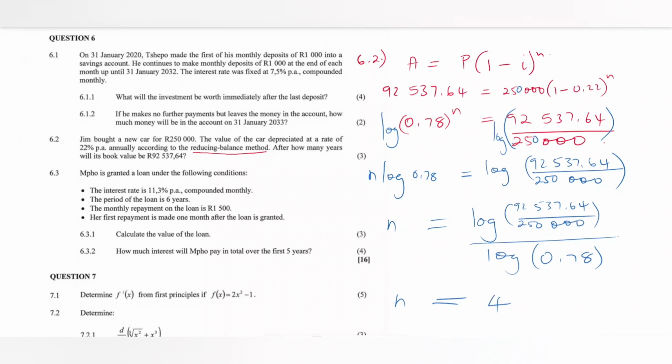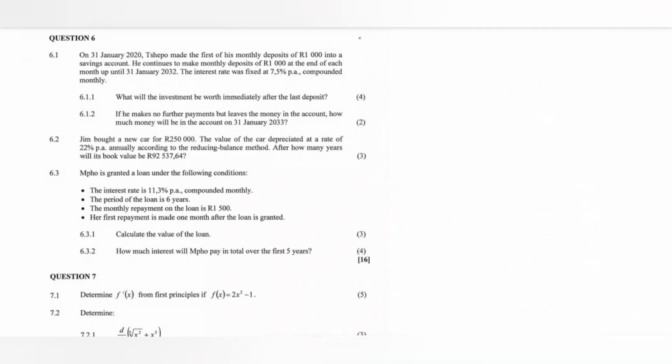It's exactly 4 years. So by the end of 4 years, the car will be at this value of 92,537.64.